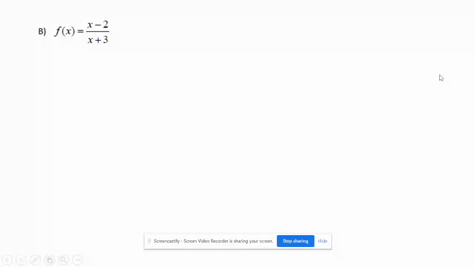All right, so for part B, f of x equals x minus 2 over x plus 3. Let's take our first derivative. We have to use the quotient rule. So we go bottom times top prime, x plus 3 times 1, minus top times bottom prime, which is just 1, over x plus 3 squared.